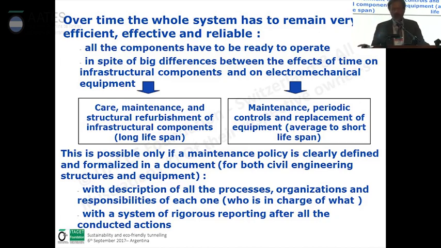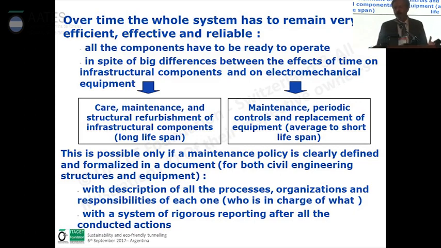But equipment is completely different. They need periodic control, replacement, and their lifespan is very short. And so you have to deal with two different time schedules, one for structures, one for equipment, with very different approaches.